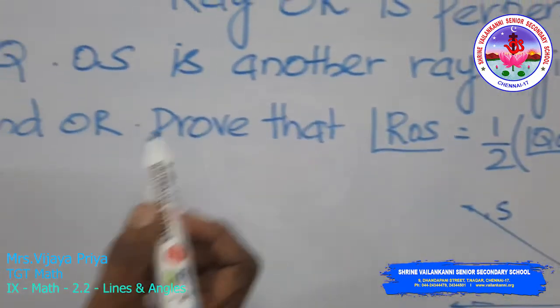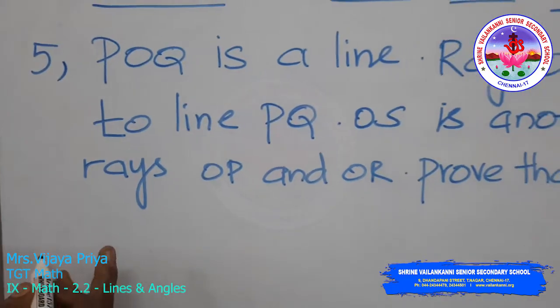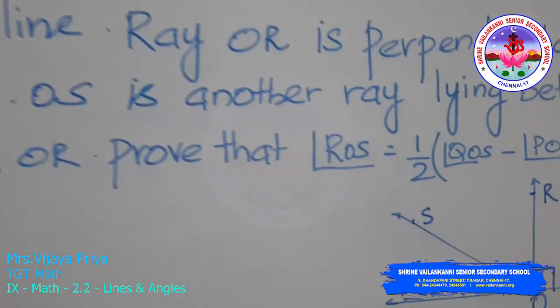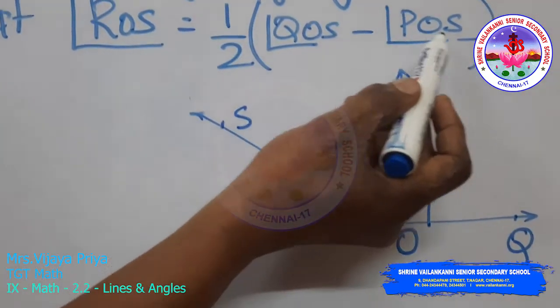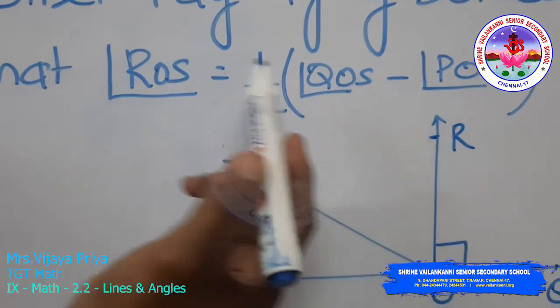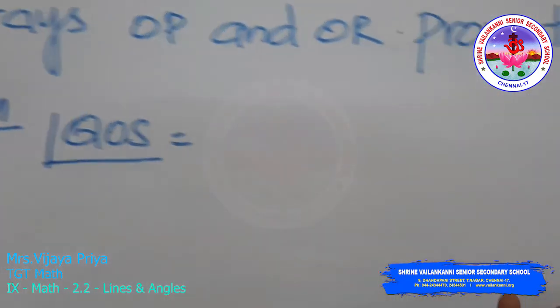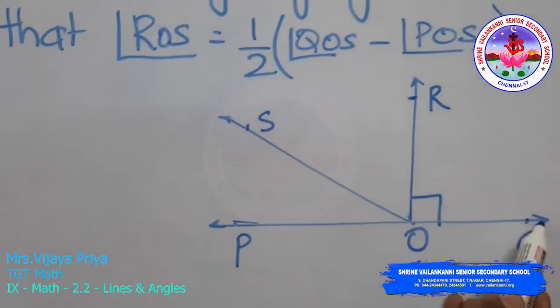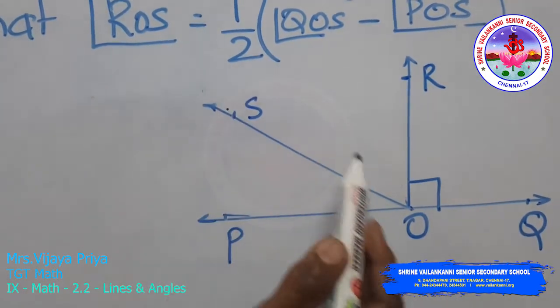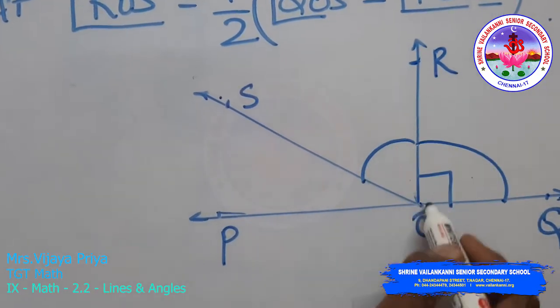So coming to the problem, I am taking angle QOS, since it asks for half of angle QOS minus angle POS. From the figure, I can write angle QOS is equal to angle QOR plus angle ROS.